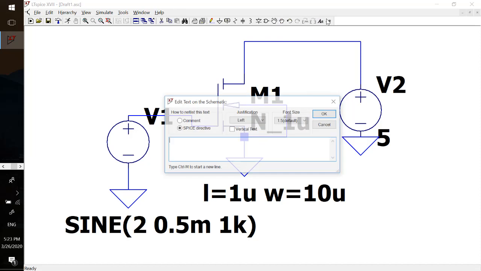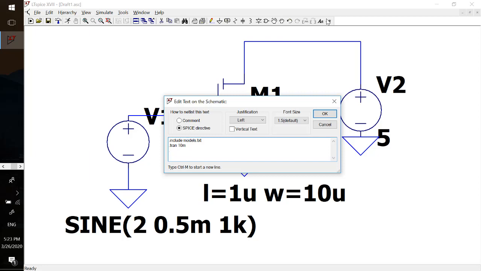And I'll do a simulation. Include models.txt and do a transient analysis because it's 1K hertz. So let's do 10 of them. And there's another thing you need to know.